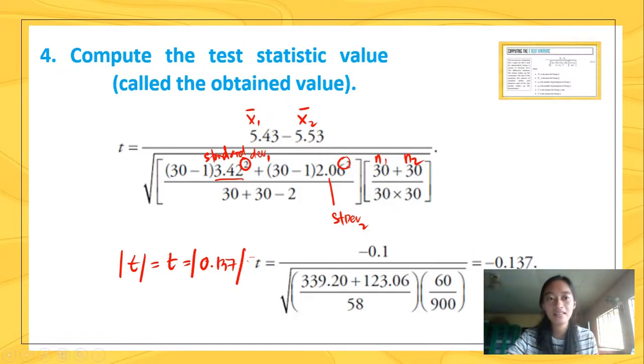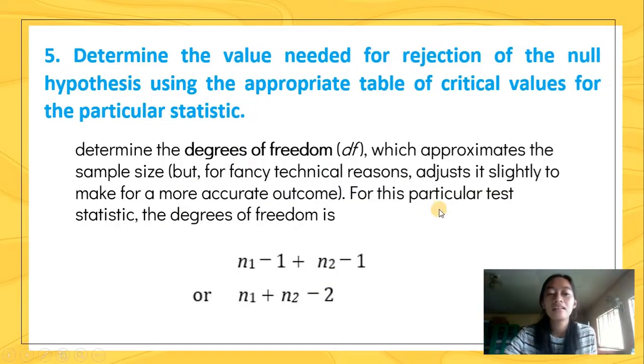So what's the next step? Naa na tayo t value. Now, we have to compare it to the critical value kung ma-accept ba siya or dili in terms of our null. So, number 5, determine the value needed for rejection of the null hypothesis using the appropriate table of critical values for the particular statistics. Every type of statistical test naay gitawag nga table of values kung asa ang critical value and so on.